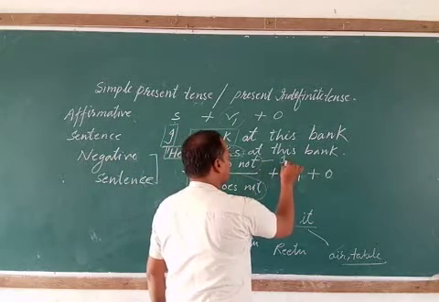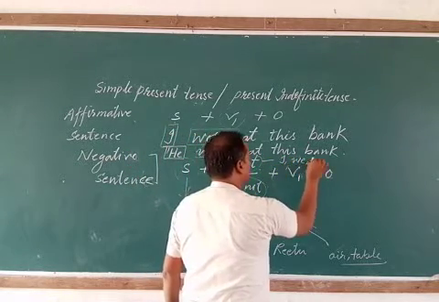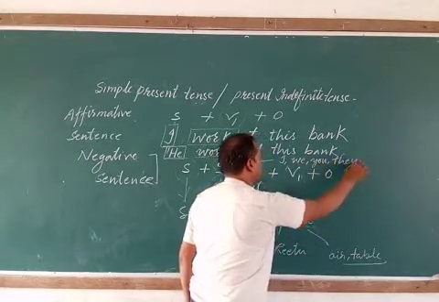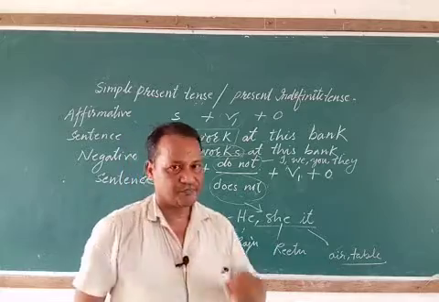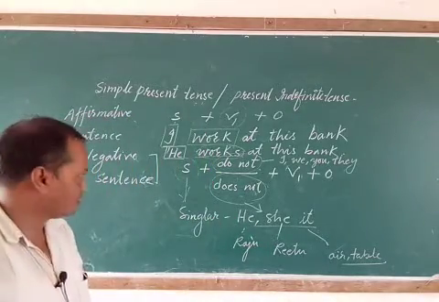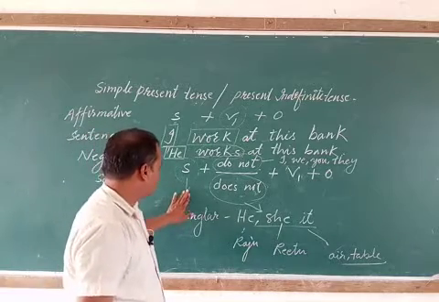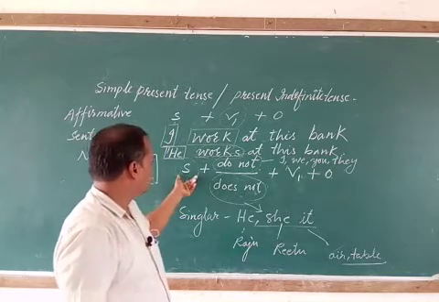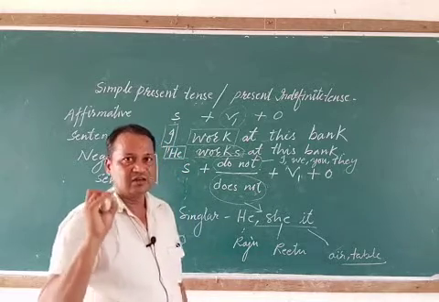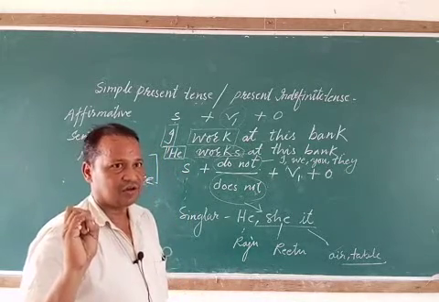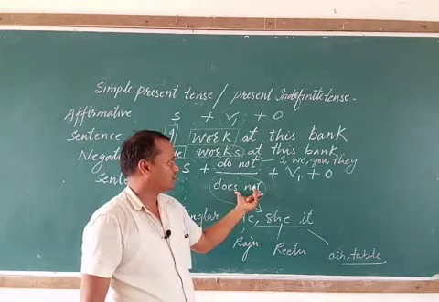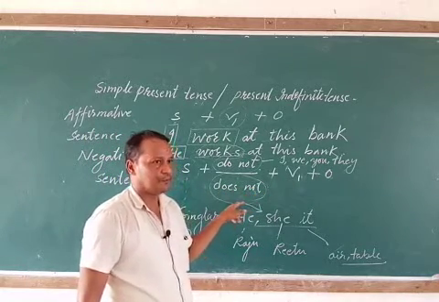With I, we, you and they, we will use do not. I hope you have understood now. I'm repeating again. If the subject is singular, meaning he, she, it, we will use does not before the verb.